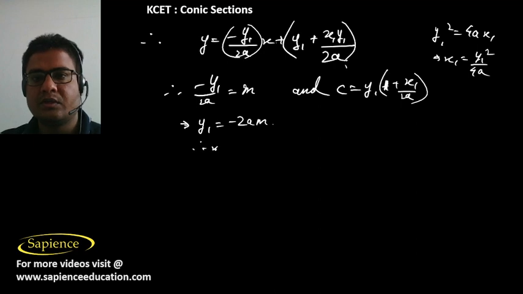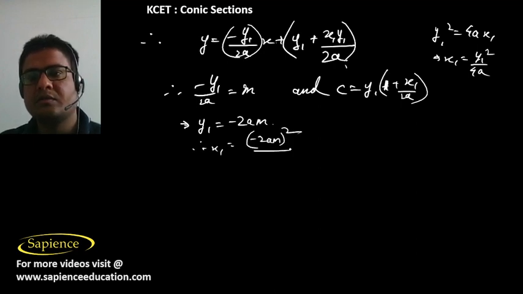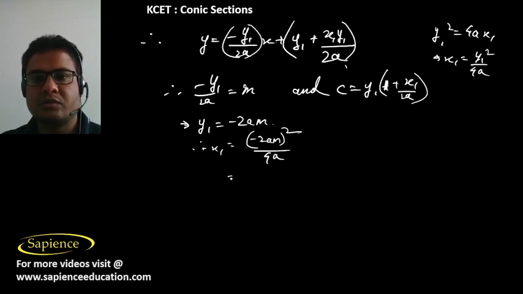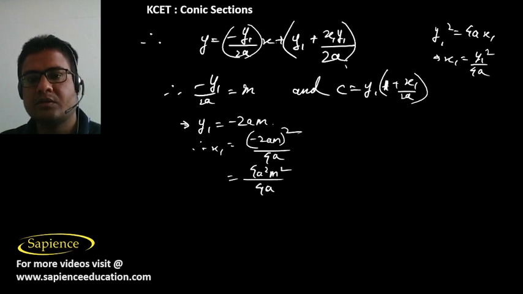So therefore x1 is minus 2am whole square by 4a. So this will be 4a square m square by 4a. So this will be am square. So therefore C will be equal to minus 2am into 1 plus am square by 2a.